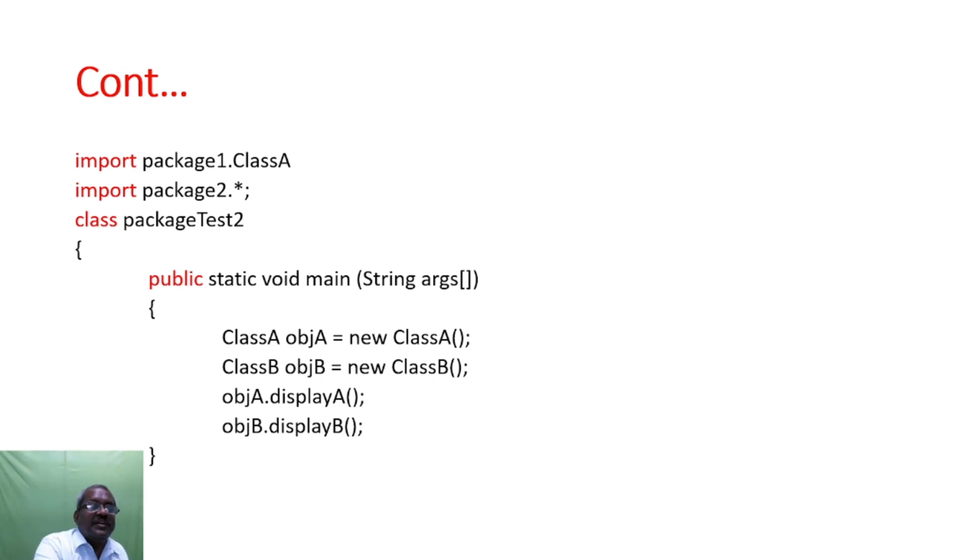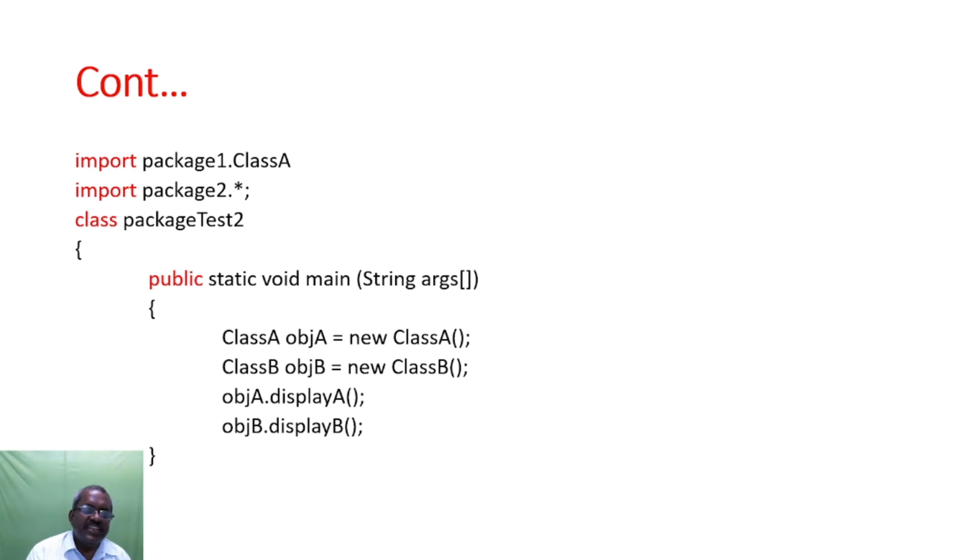For the main method class 2, we have a main method class written like this. From package 1 we import class A. From package 2, in another form, we have imported all the classes. So this is class package test 2.